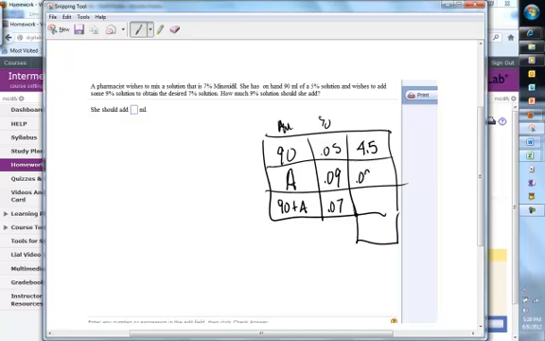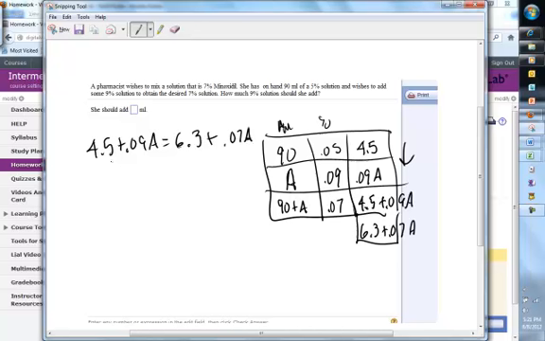This is 0.09A. 90 times 0.07 is 6.3 plus, oops, I'm writing that in the wrong spot again. 6.3 plus 0.07A. This is where we write the add going down, 4.5 plus 0.09A. So we have 4.5 plus 0.09A equals 6.3 plus 0.07A.